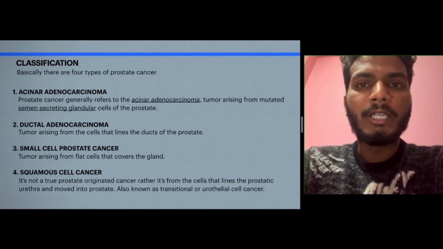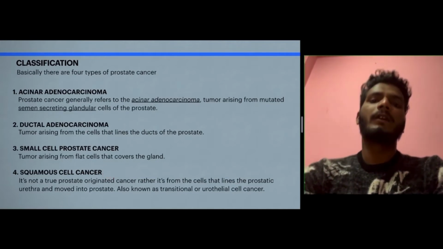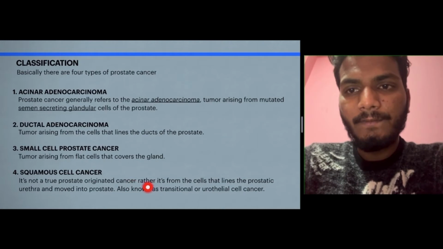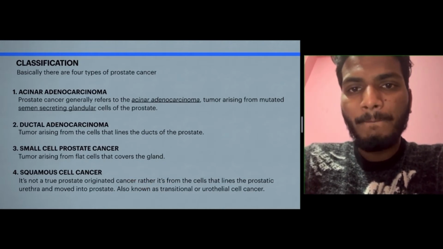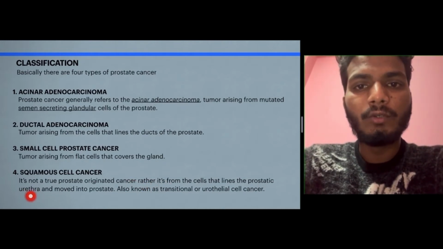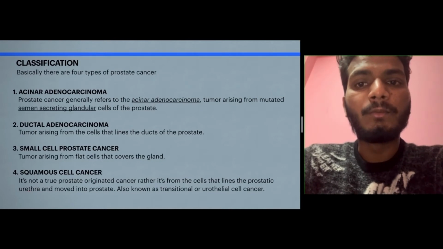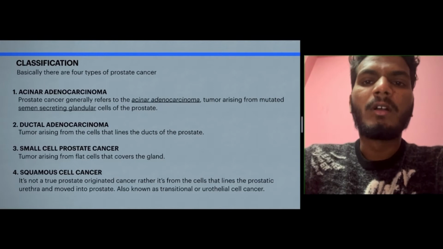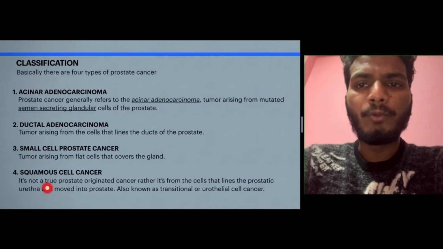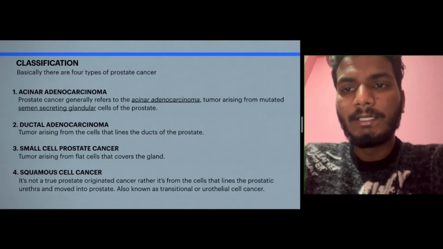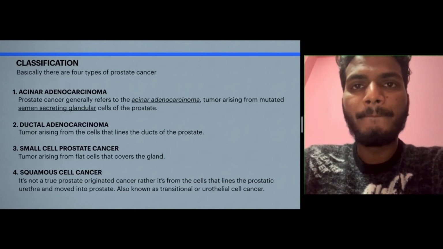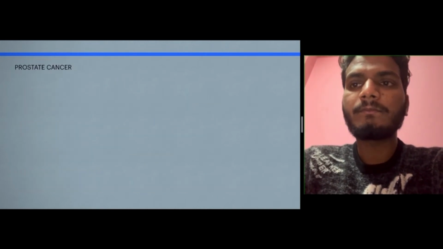This is not particularly a cancer type of the prostate, but it originates from the prostatic urethra. So the cell's origin is from the prostatic urethra, but it moves very commonly inside the prostate. So it's also called a type of prostate cancer. It's also known as transitional or urothelial cancer. So this is the classification.